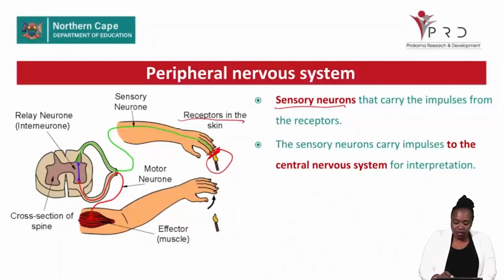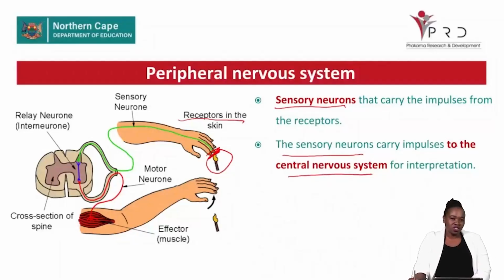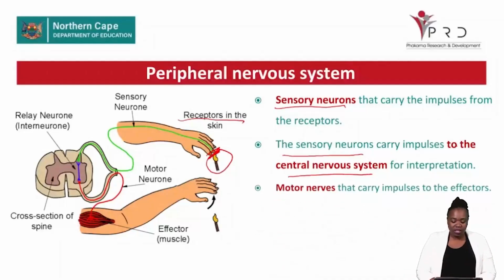Now, these sensory neurons are going to carry the impulses, or the messages, to the central nervous system for interpretation. So the central nervous system is responsible for interpreting whatever changes have taken place in the external environment.